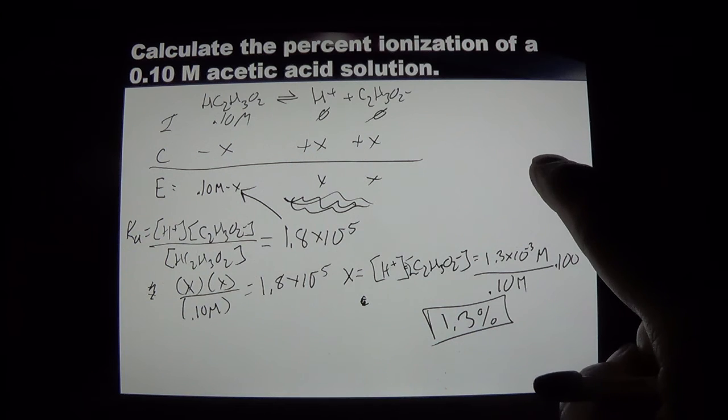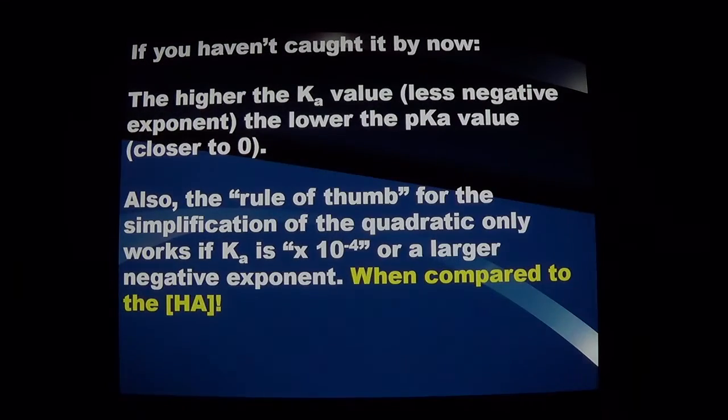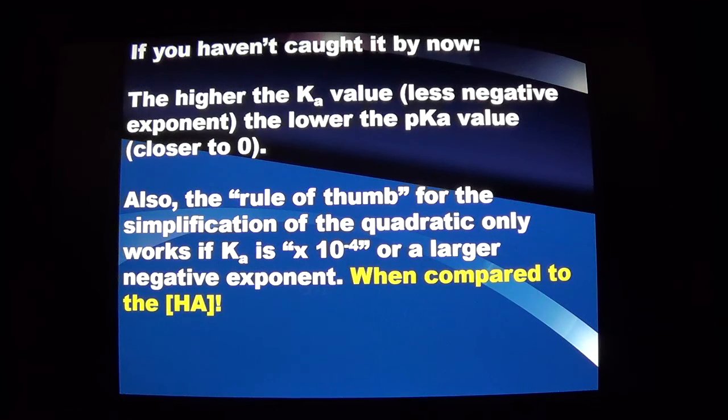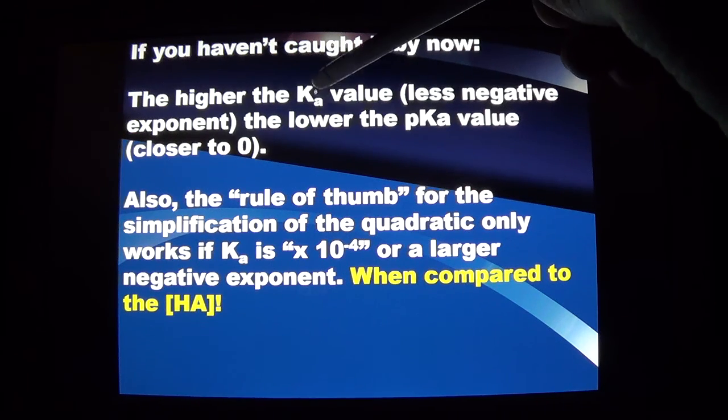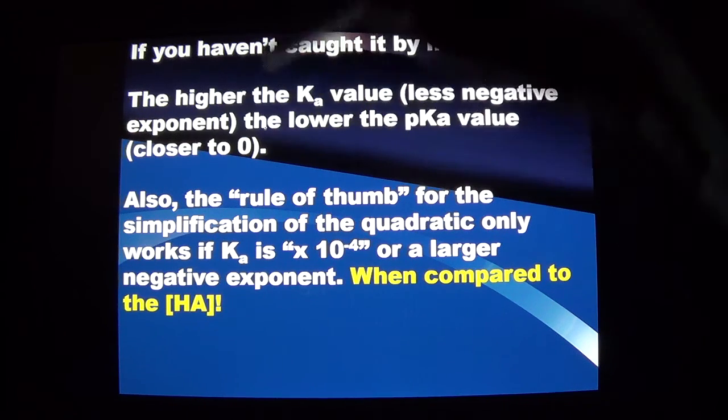Okay, so there's 2 examples of how we can take Ka to find equilibrium concentrations, whereas last time we took equilibrium concentrations and found Ka. Things I want to remind you of that you should have caught by now, and if you haven't, then I'm flat out telling you. Again, I said this last time, and I'm saying it again this time: the higher the Ka value, that is the smaller the negative exponent is, then the stronger the acid is, and the closer the pKa value will be to 0.